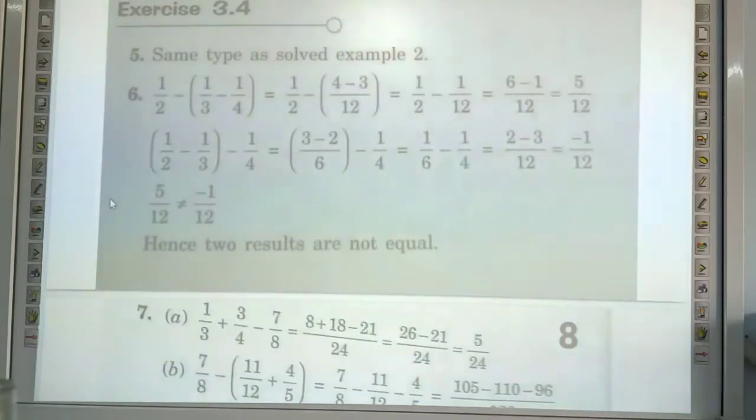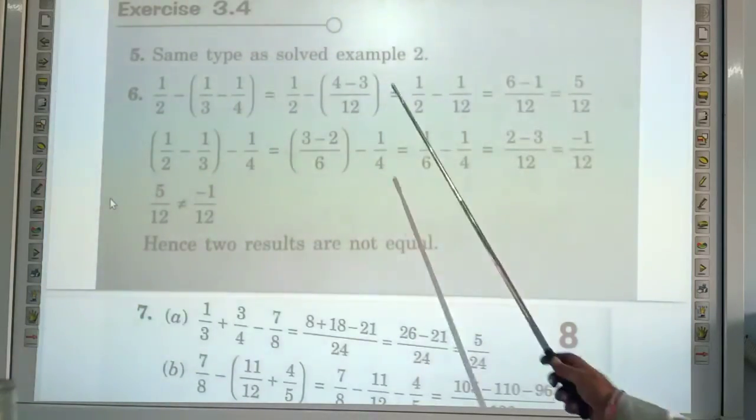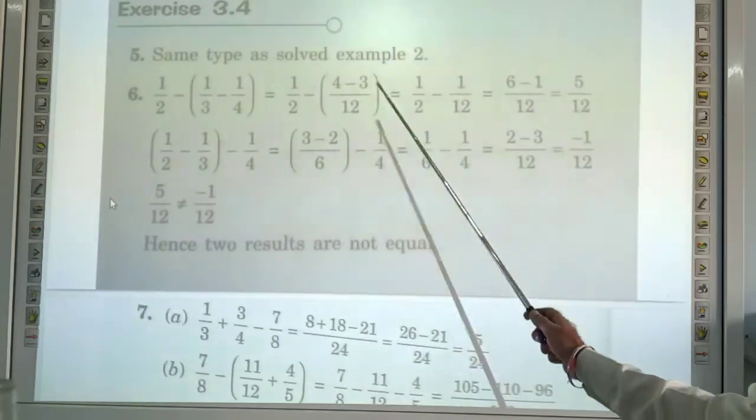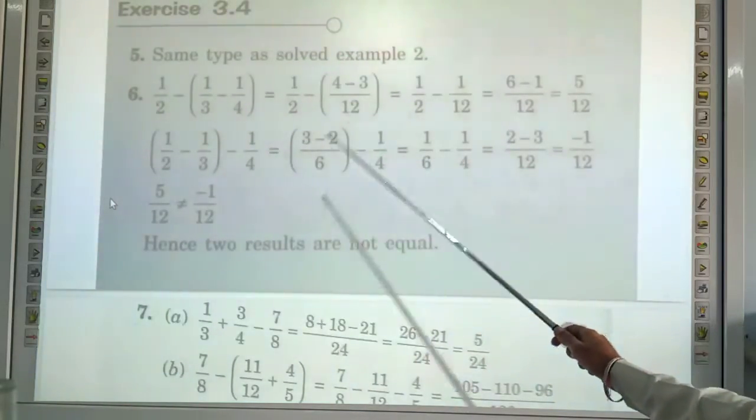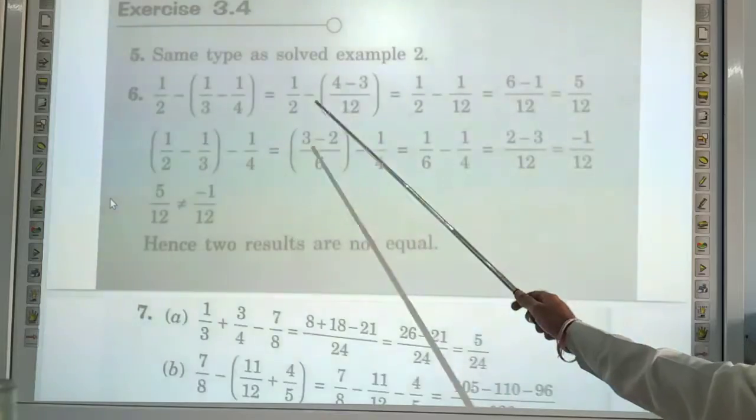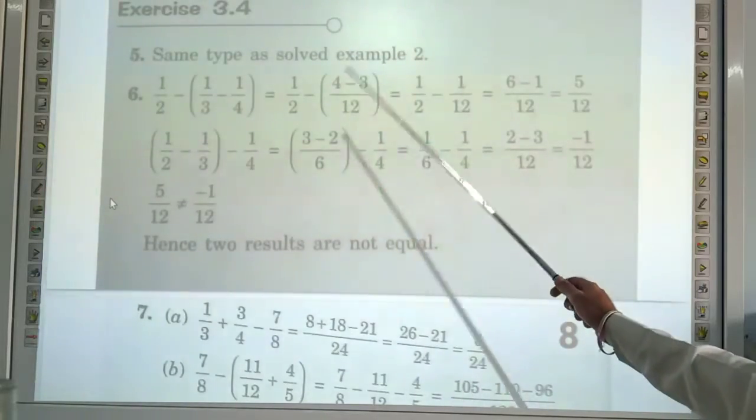Here question number 6, 1 upon 2 minus 1 upon 3 minus 1 upon 4, this is in bracket. Firstly we have to solve the bracket according to the BODMAS rule. And when the bracket is solved, the LCM of 3 and 4 is 12, and in the numerator part we get 4 minus 3, which is 1.